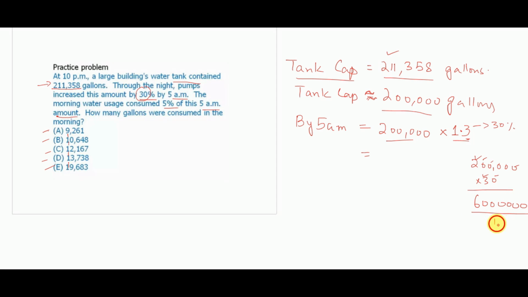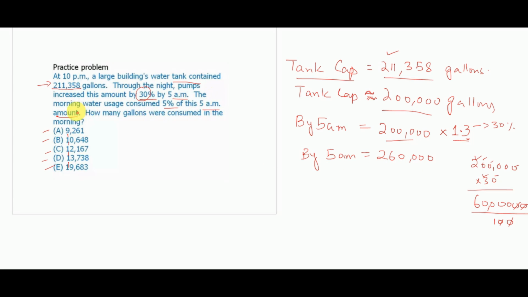Since it's a percentage, it would be divided by 100, and when we cancel out the zeros, we're left with 60,000. That means we add 60,000 to the 200,000 figure, so this becomes 260,000. So by 5 a.m., the tank held a total of 260,000 gallons of water. Fine.